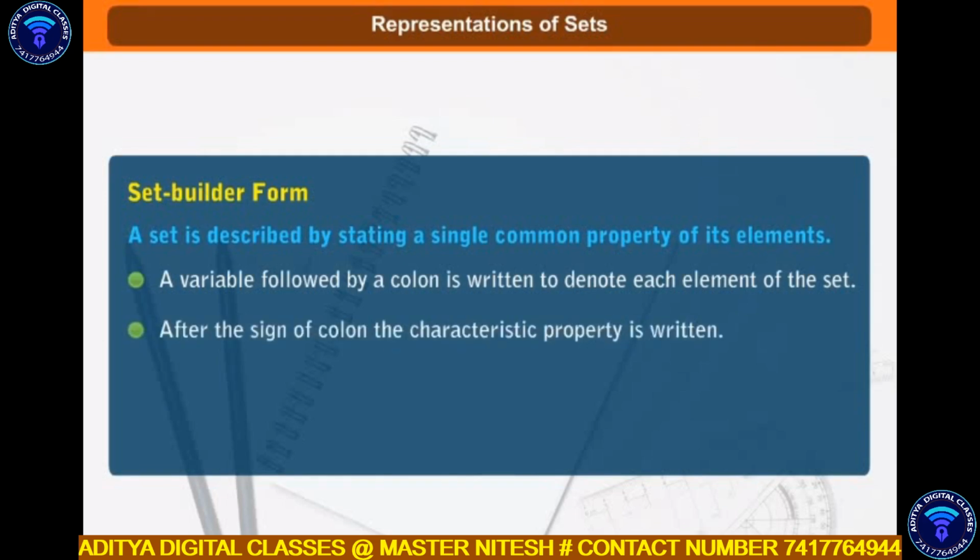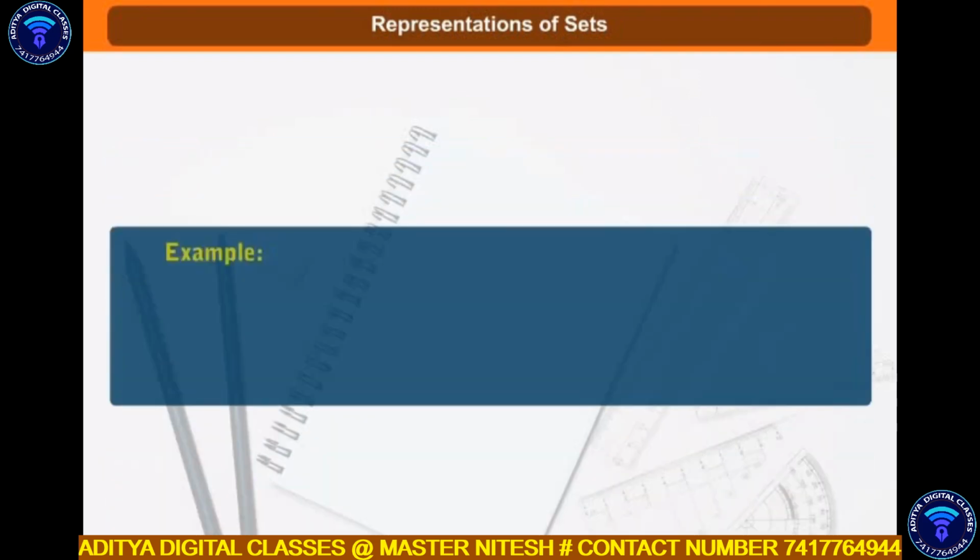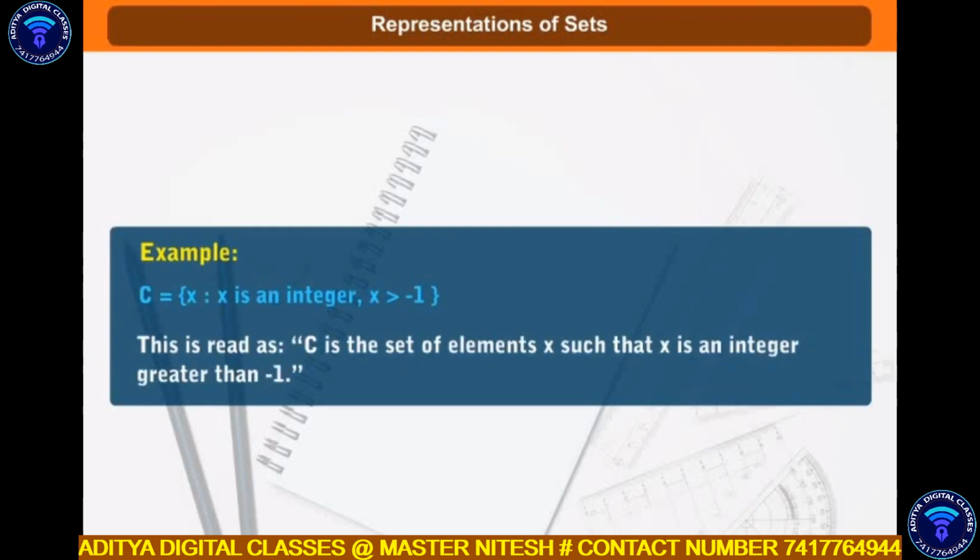After the sign of colon, the characteristic property is written. Then enclose the whole description within braces. See this example of set C. This is read as C is the set of elements x such that x is an integer greater than -1.